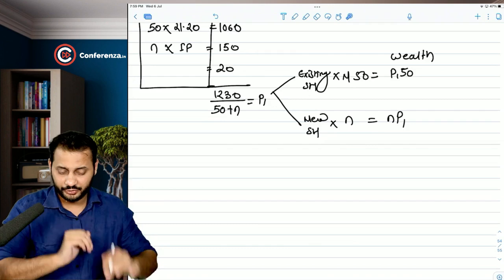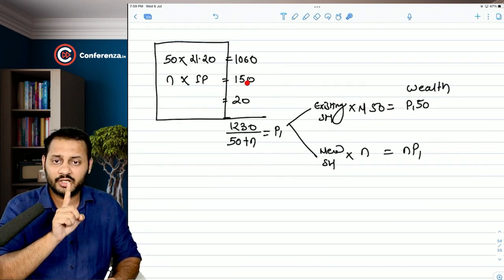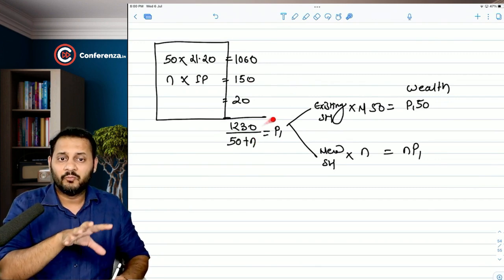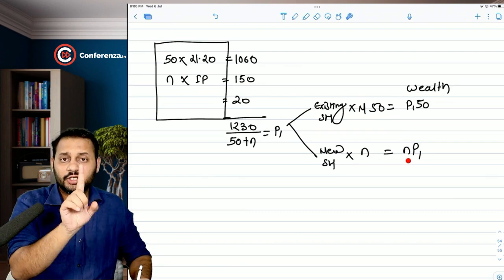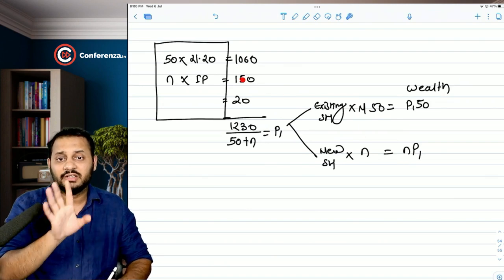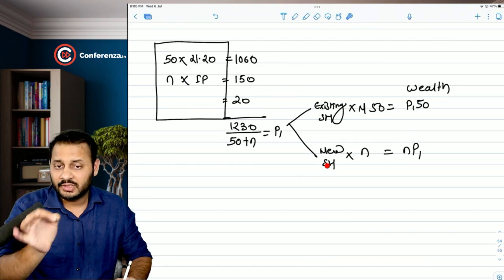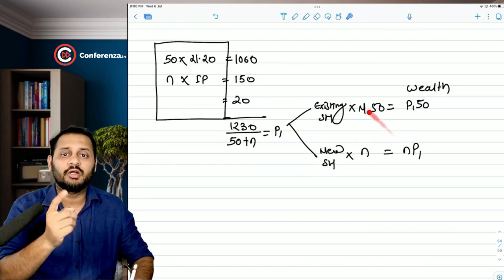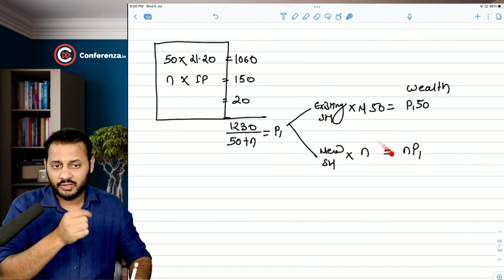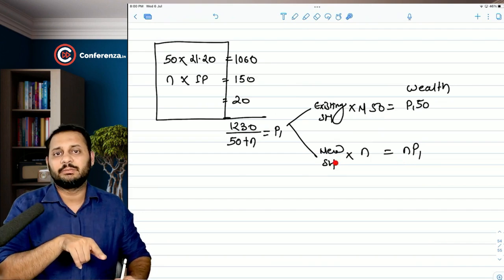The question says that since the new shareholders are contributing 150 crore, their wealth after contribution should not be less than 150 crore. These guys should not suffer any loss. That means this wealth should not be less than the 150 crore which they contributed, because even a single rupee shortfall will result in losses for these people.